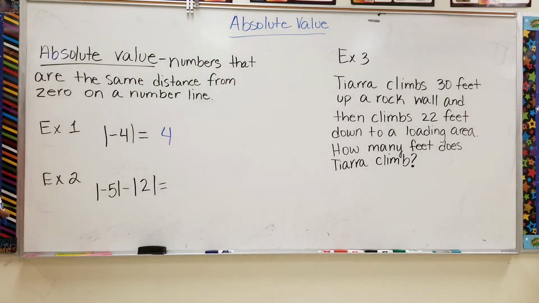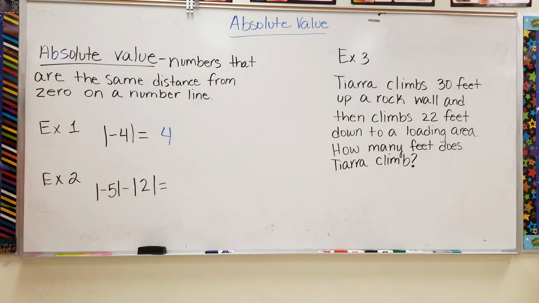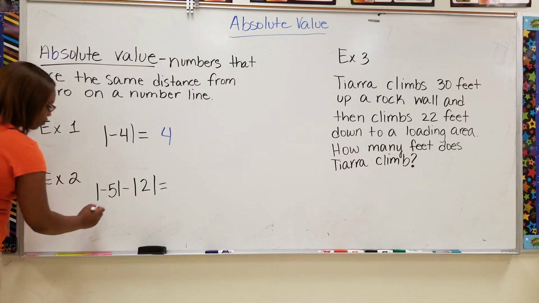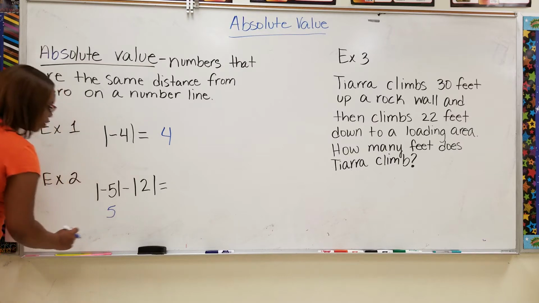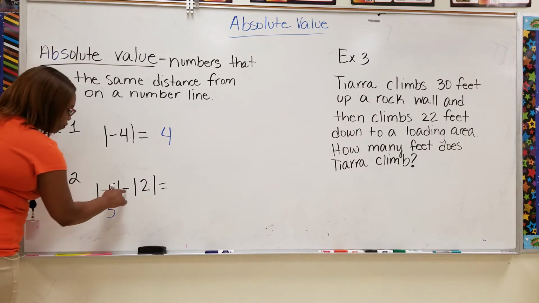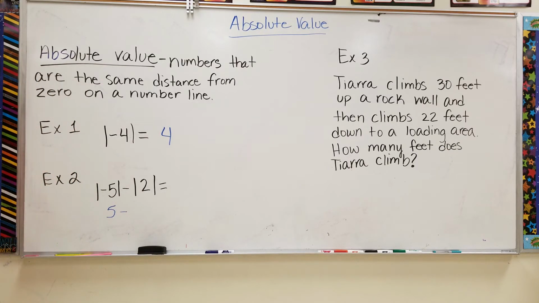What is the absolute value of -5 minus the absolute value of 2? Okay, the first thing that we need to do is take -5 and 2 out of absolute value, okay? That is the first thing that we need to do before we solve. So the absolute value of -5 will be 5. Why? Because it is 5 spaces away from 0. We don't forget our minus sign, because that is the operation that they told us to use.